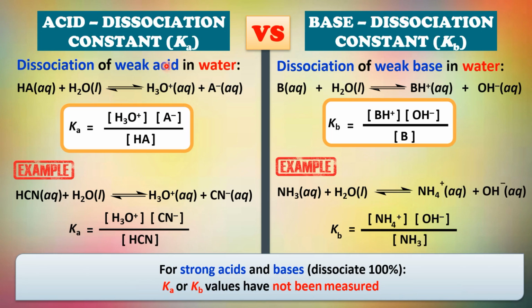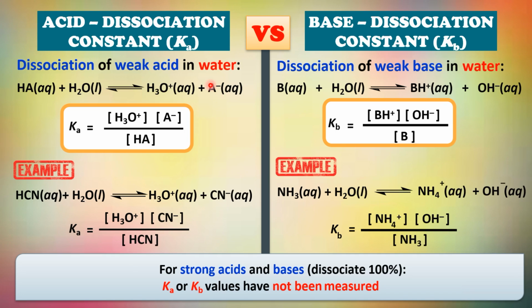The acid dissociation constant Ka here refers to the dissociation of a weak acid in water. We have this equation: a weak acid dissociates in water, so it will produce H3O plus and an anion.